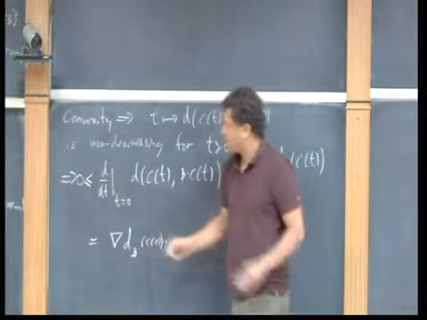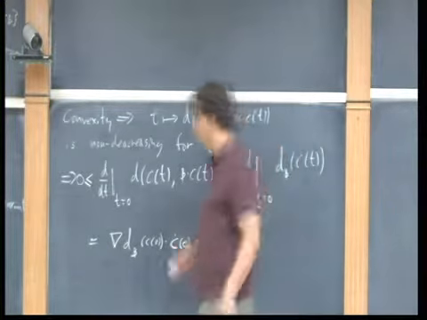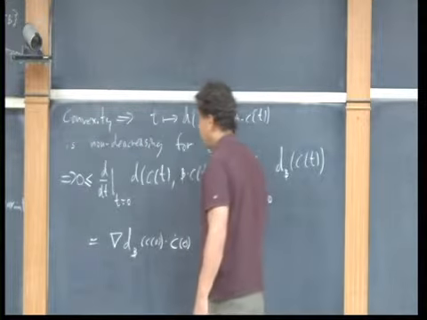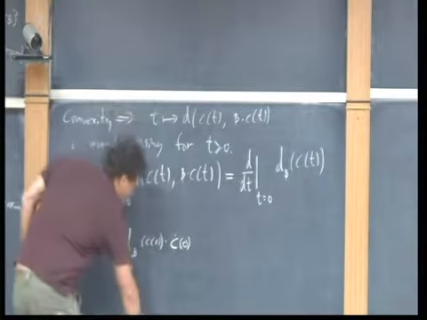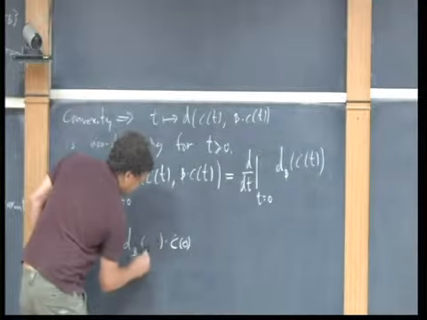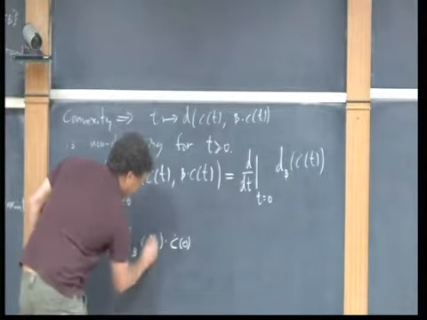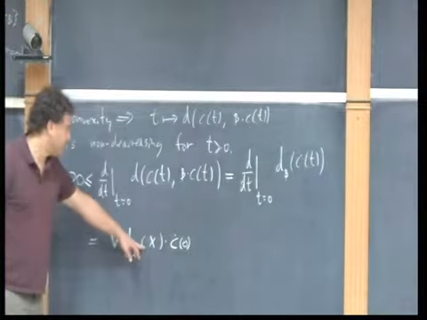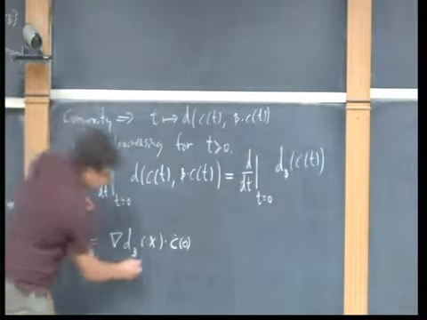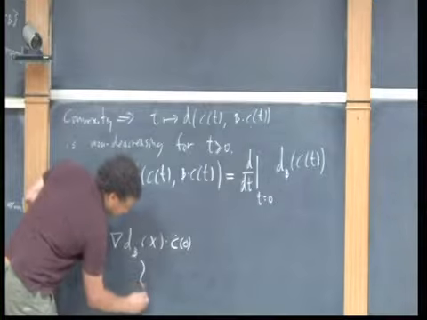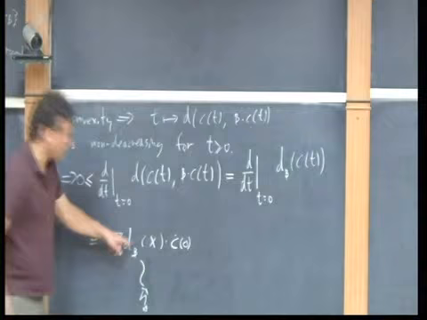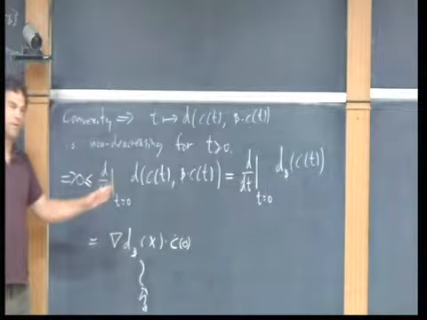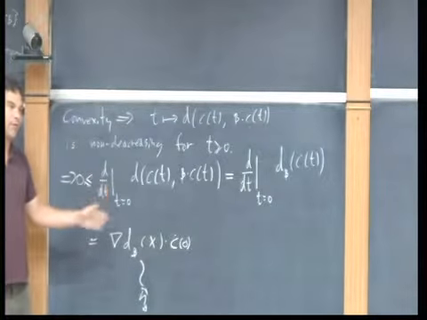Recall that C of 0 is x. And the gradient of d beta, it's not equal, but it's the same direction up to normalization as n beta.